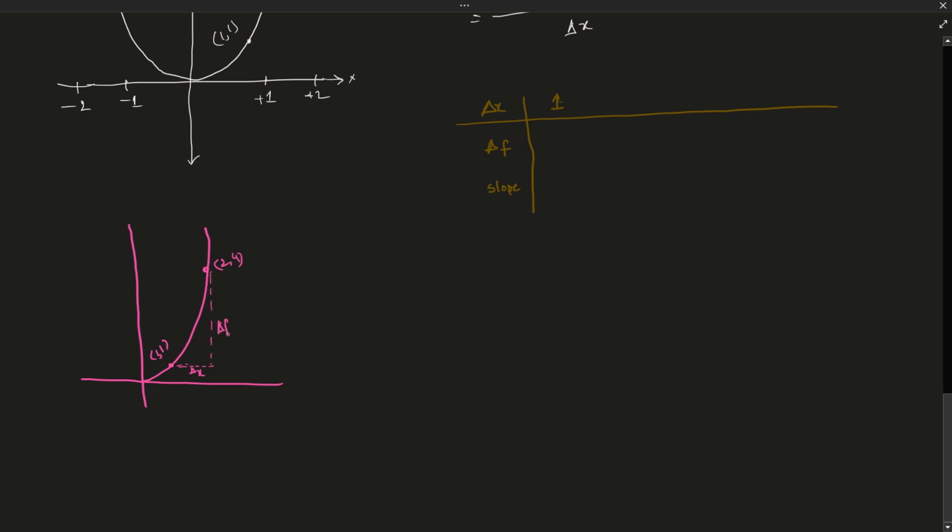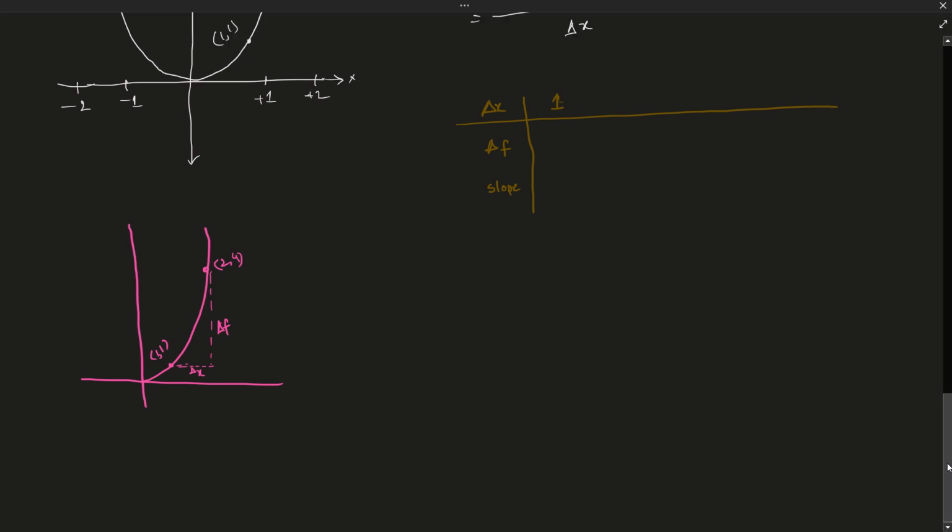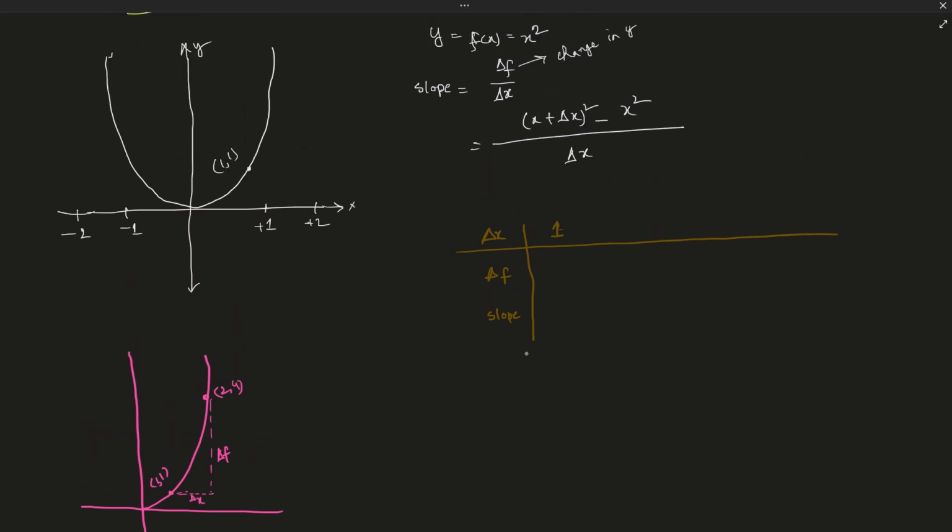So if we calculate the del f, as we have seen before in this equation, it will be something like 1 plus 1 whole square minus 1 square.